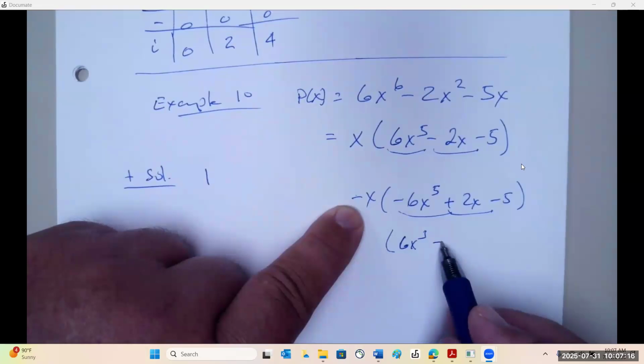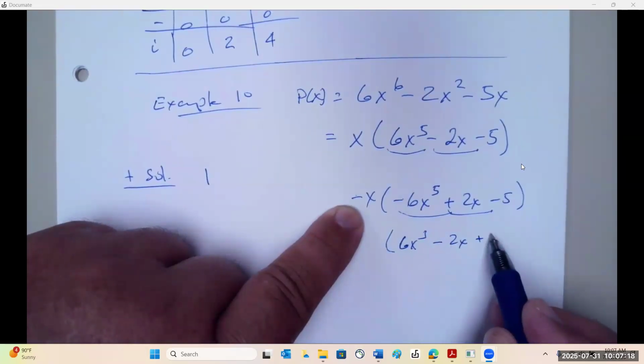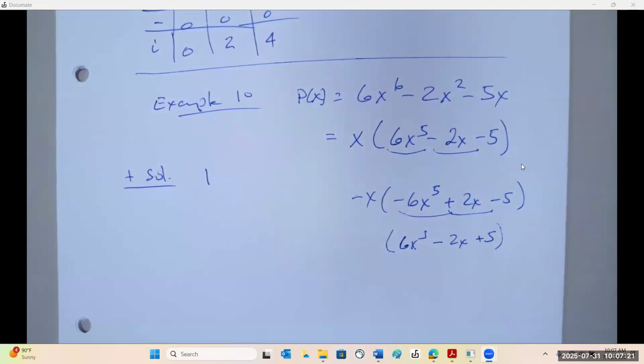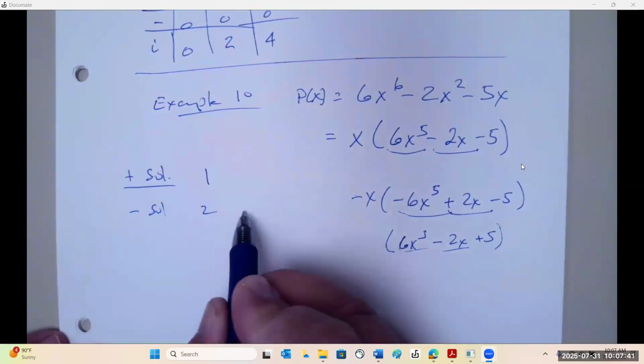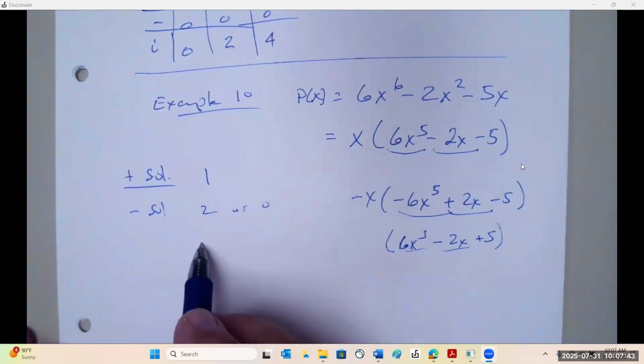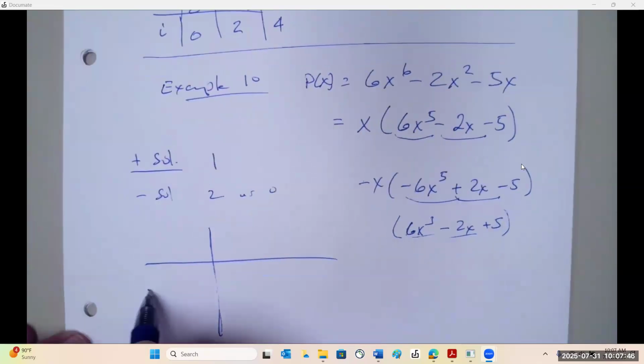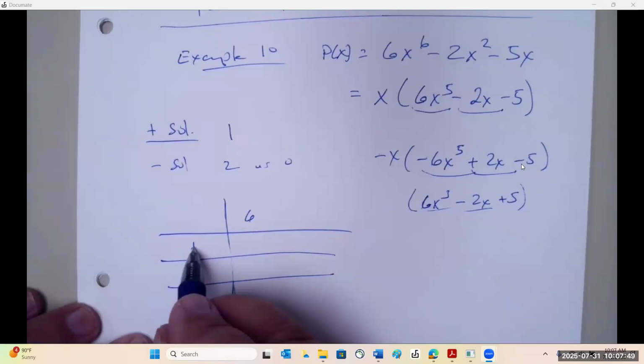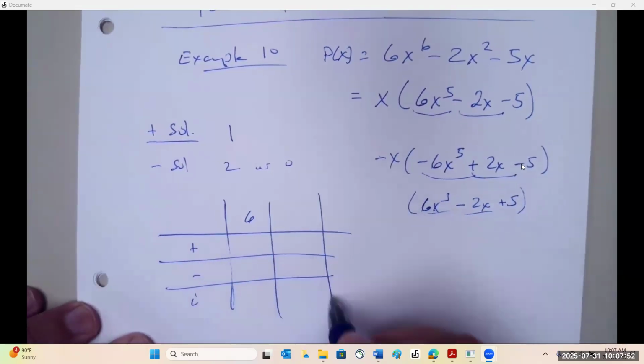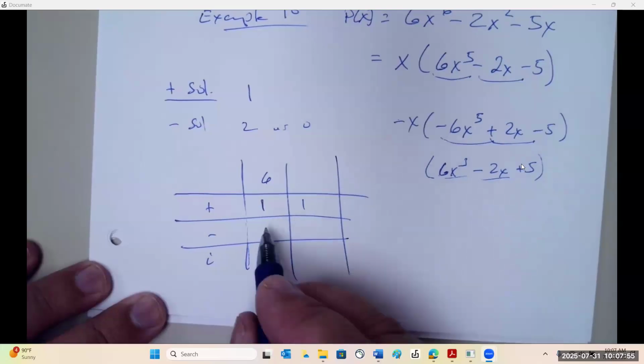This and this makes it a negative. It makes it a positive. So how many sign changes? Two or zero. And we're supposed to have a total of how many? So I have a total of 6. So we have one positive, we have a 2 or a 0.